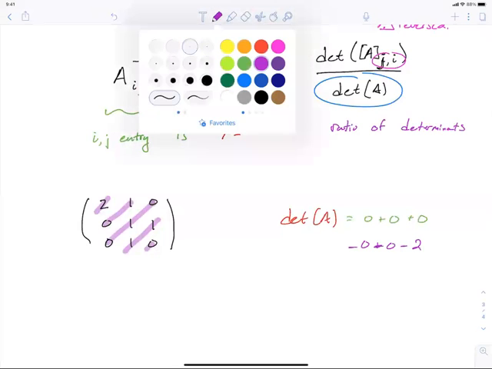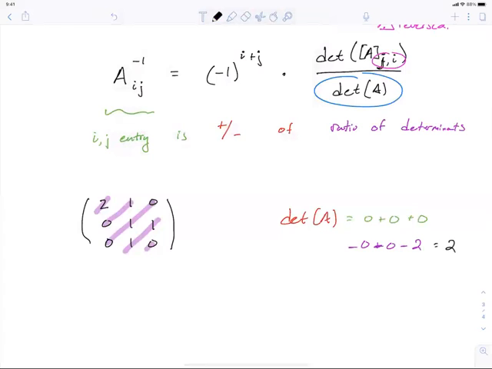So the determinant of A is negative 2. So what's going to happen is, according to the formula, we're going to divide every entry by negative 2. And now all we have to do is compute all of the 2 by 2 minors and their determinants, and it will just give us the inverse right away.